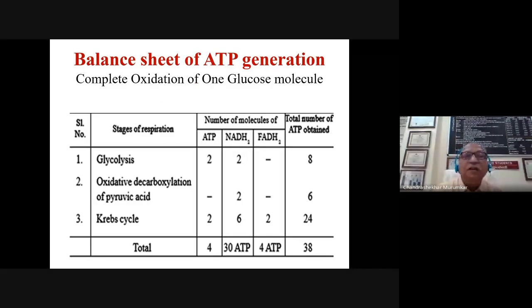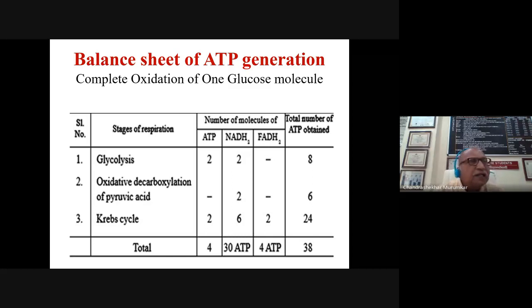The same is written here in a balanced form, where ATP is formed, NADH2 is formed, and FADH2 is formed. Ultimately, it is going to generate 38 ATP molecules. So this is also called complete oxidation of glucose, or aerobic respiration, as in aerobic respiration a glucose molecule is completely oxidized.